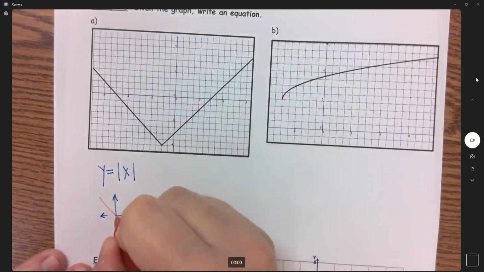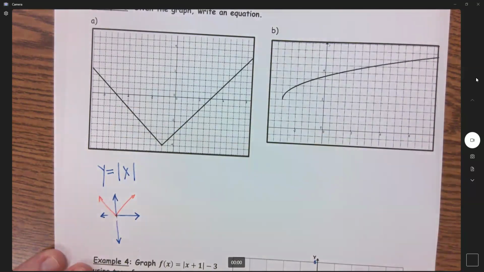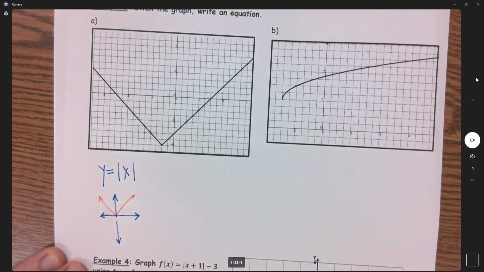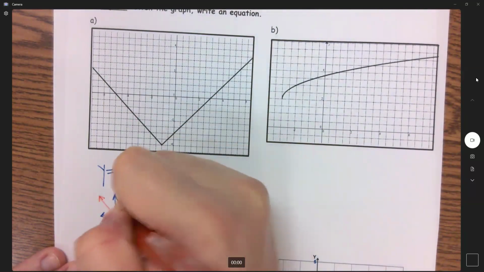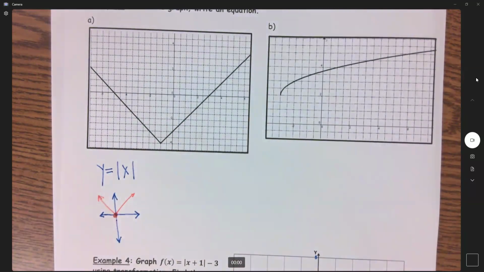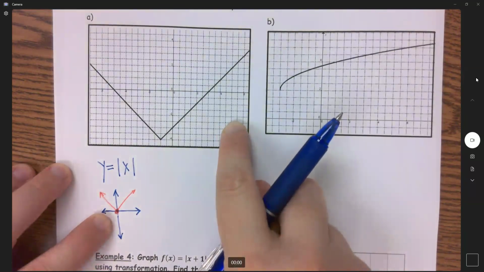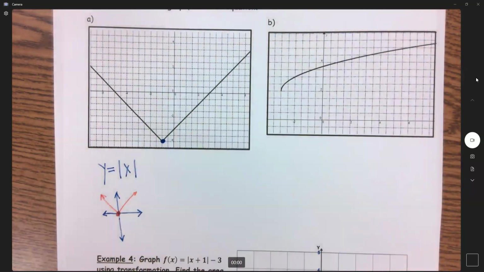That V is going to be right there in the origin. Okay. So now that I have this graph here, my V is way over here.